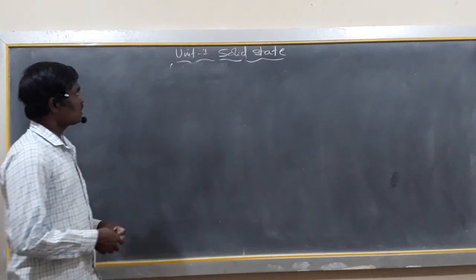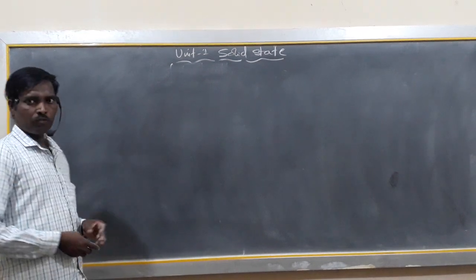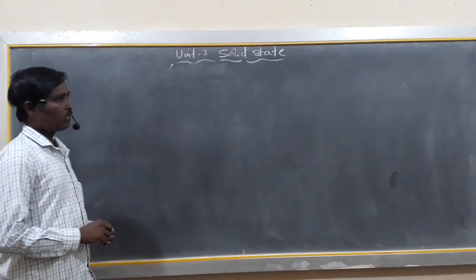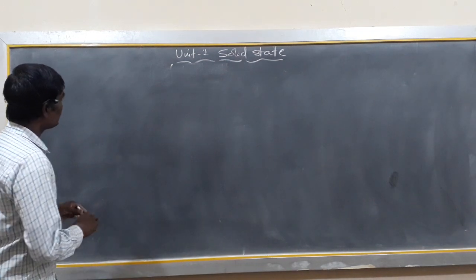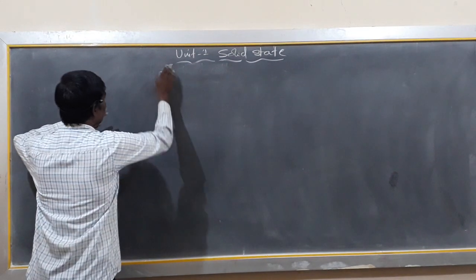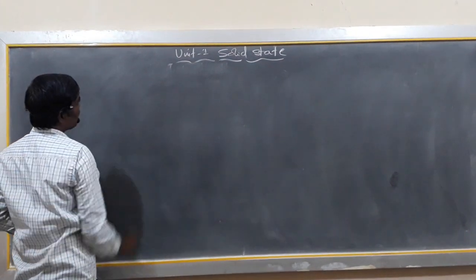Next friends, before I start some numericals on the density of unit cells and the other parameters we already discussed, let me show a table in which I am including all the parameters.